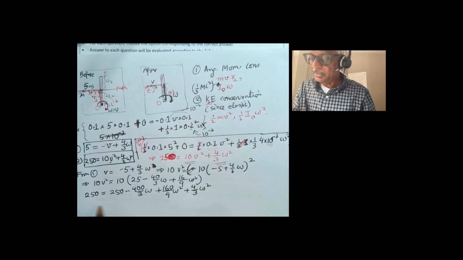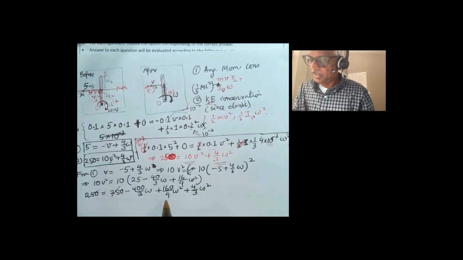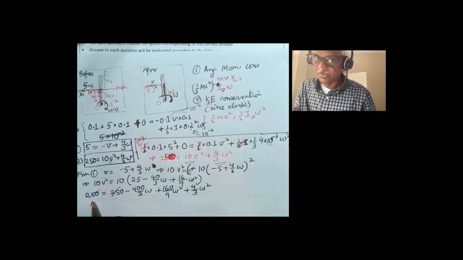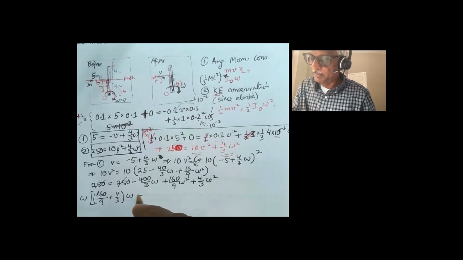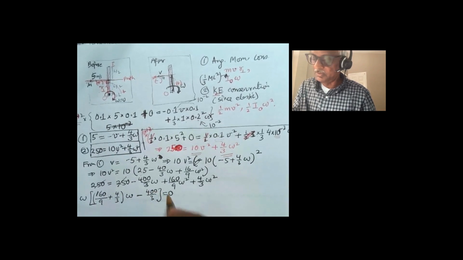Okay, this will cancel out, and then omega will factor, so 160 over 9 plus 4/3 omega minus 400 over 3 equals 0.